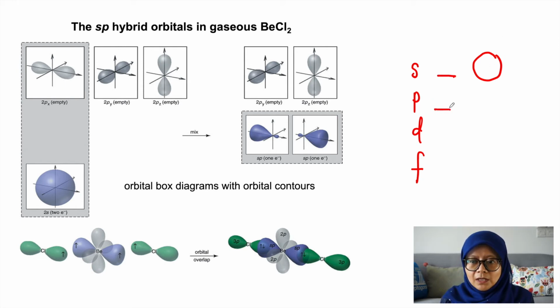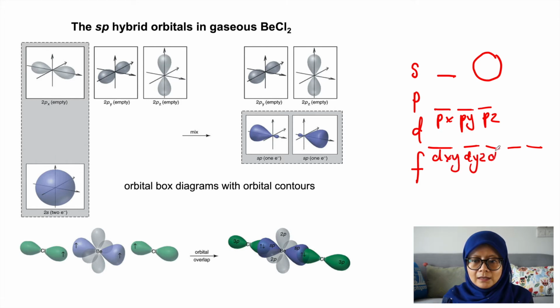The p orbitals are px, py, and pz. For the d, we have 5 orbitals: dxy, dyz, dxz, dx squared minus y squared, and dz squared, if you still remember.